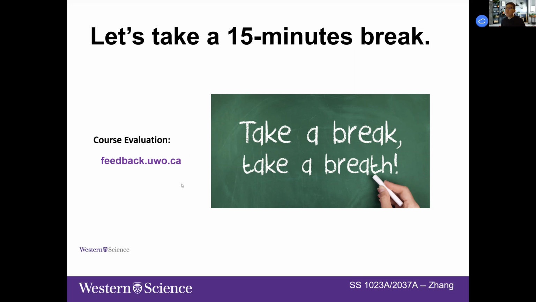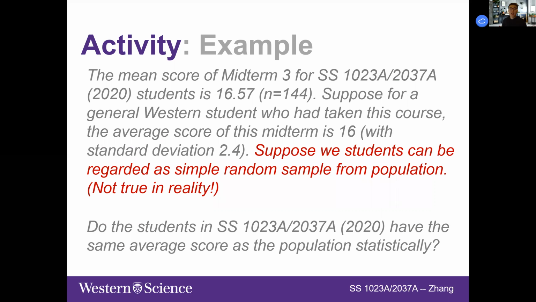Okay, so far we discussed how to figure out the null hypothesis and the alternative hypothesis according to our research question. And in the following steps for the hypothesis testing, we are going to use the same story.